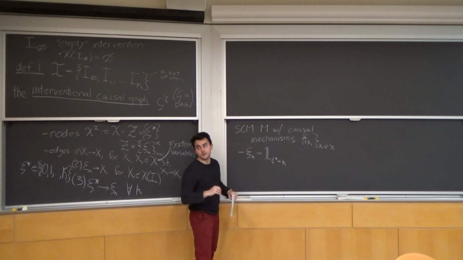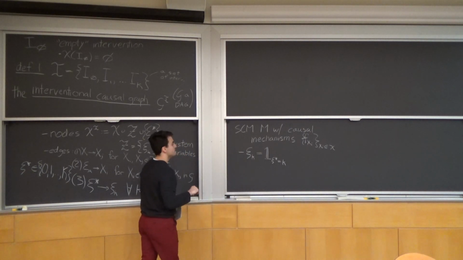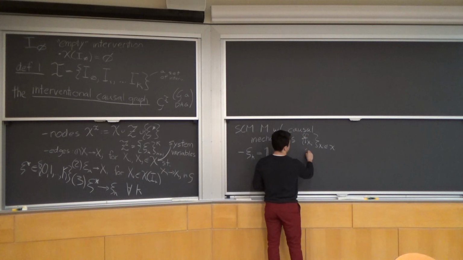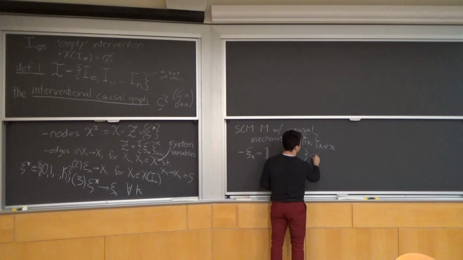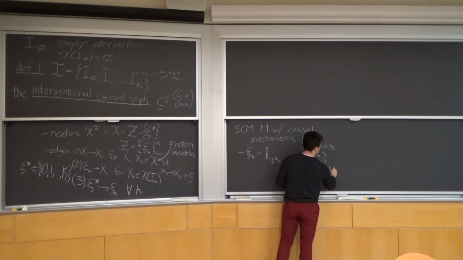And then the way that we combine the interventional mechanisms: say that the interventional mechanisms for I_k are denoted by g_{x_i}^k. So we'll get one of these for each of the intervention targets.